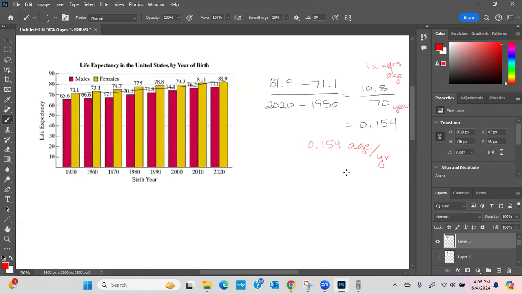So in 2021, we would take 81.9 and add 0.154 and get 82 years. So in 2030, which is 10 years later, we're going to add 1.54.